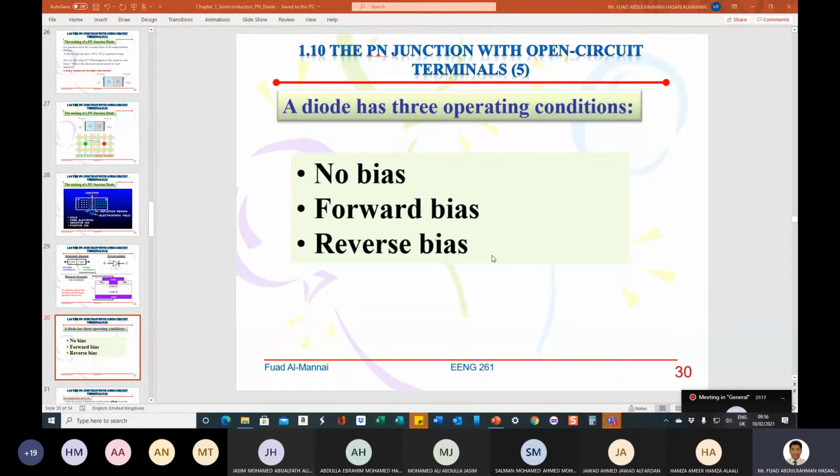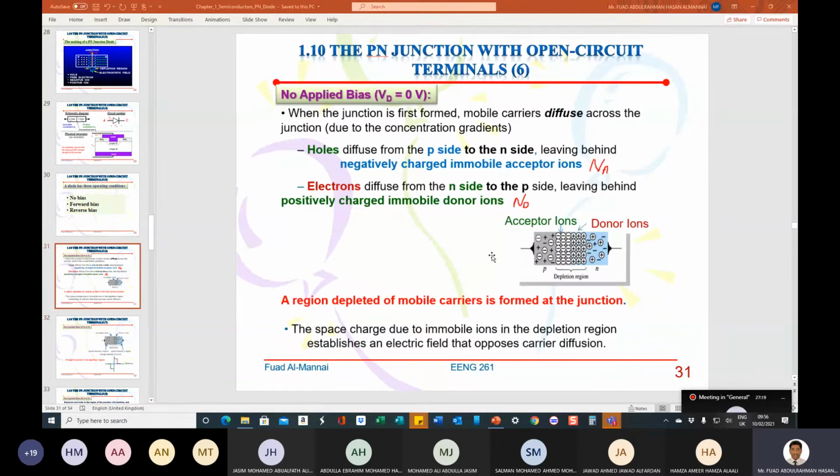All right. As I said before, I just explained how when the P and N-type are connected together, of course, holes diffuse from the P side to the N side, and so on.